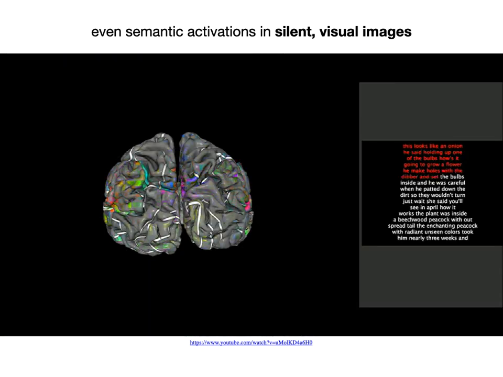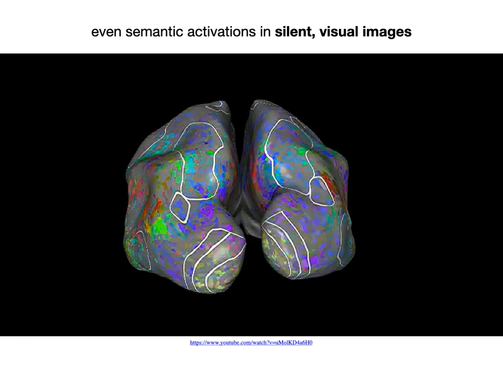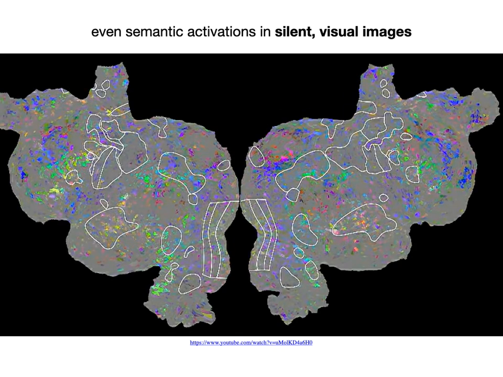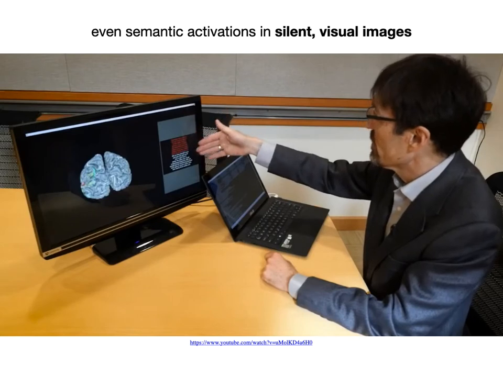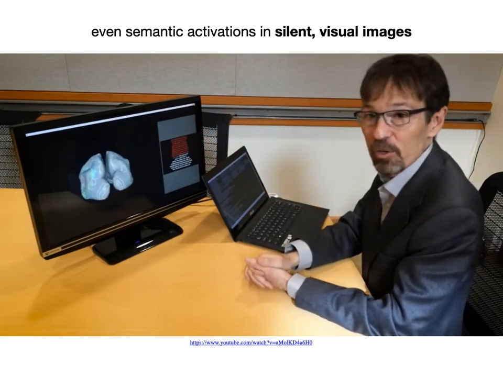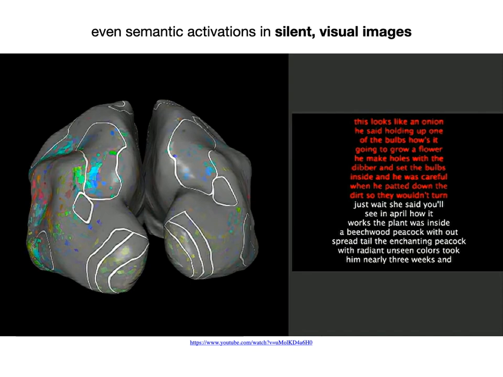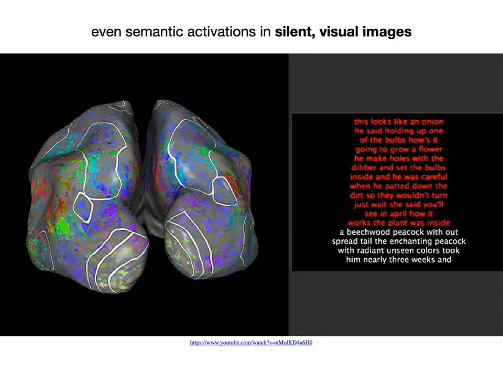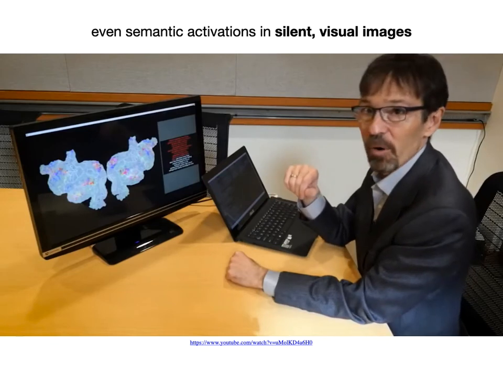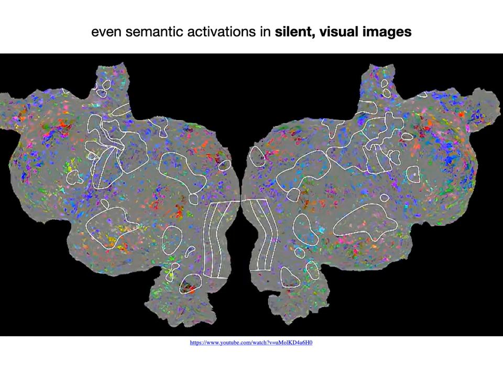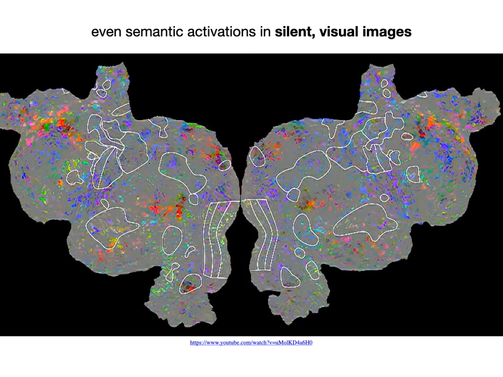This visualization shows brain activity patterns that play out as a person listens to a story. So on the right here is sort of a karaoke view of a story that people are listening to. He made holes with the dibber and set the bulbs inside, and he was careful when he patted down the dirt so they wouldn't turn. Colors show parts of the brain that are active at each point in the story. Red tends to be parts of the stories that's representing meaning in the stories that is social.